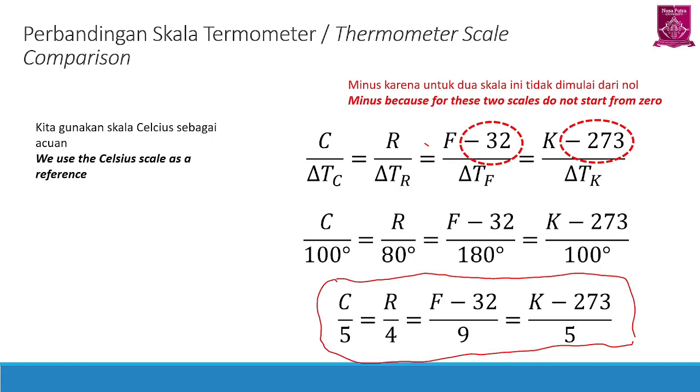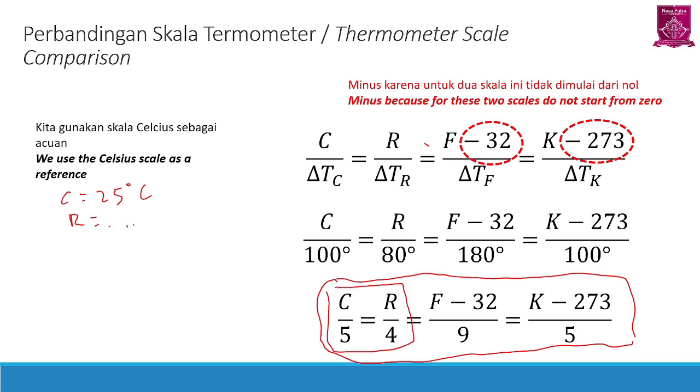For example, we know the temperature in Celsius is 25 degrees Celsius. Now, how much is the temperature in Reaumur? We can use these two comparisons.